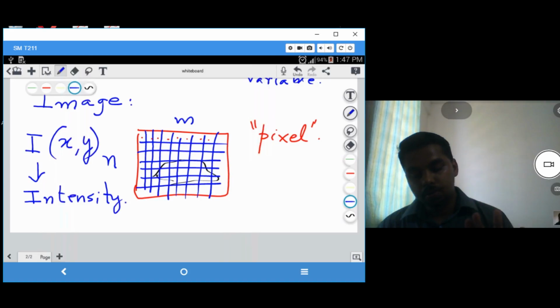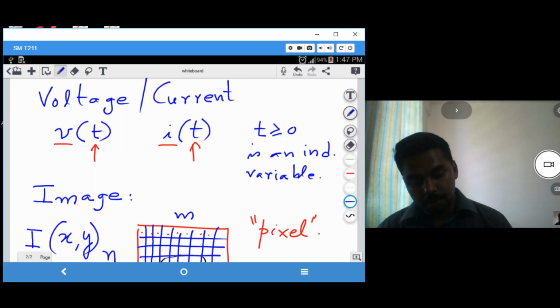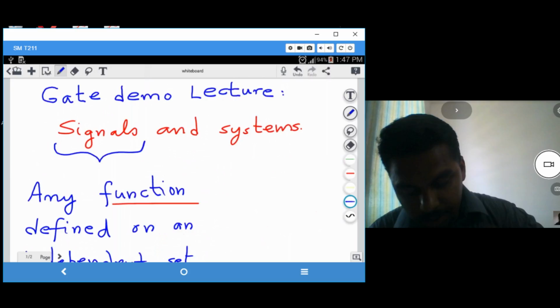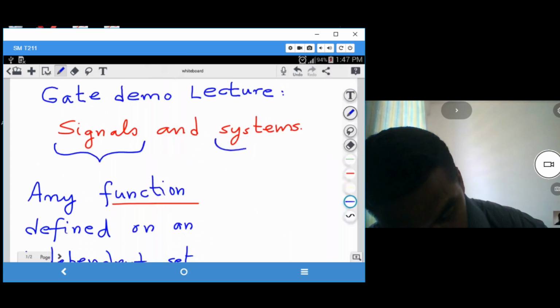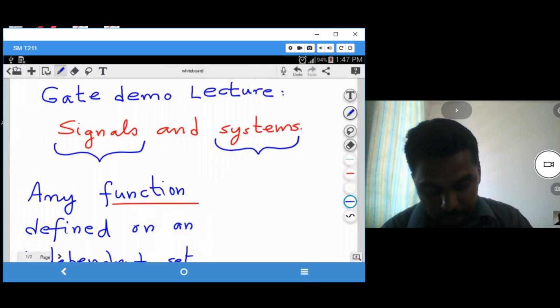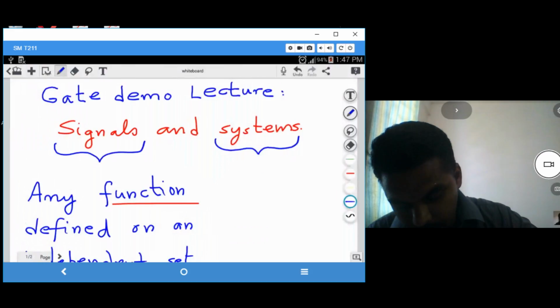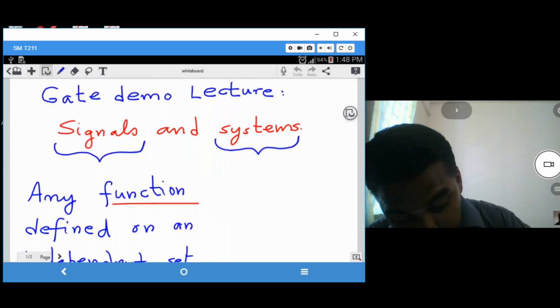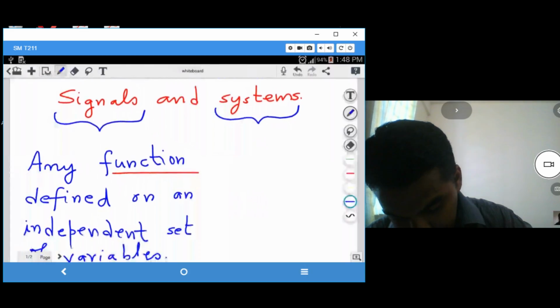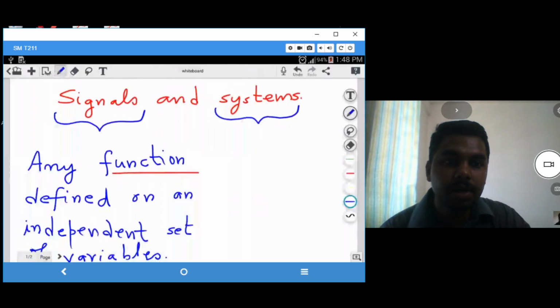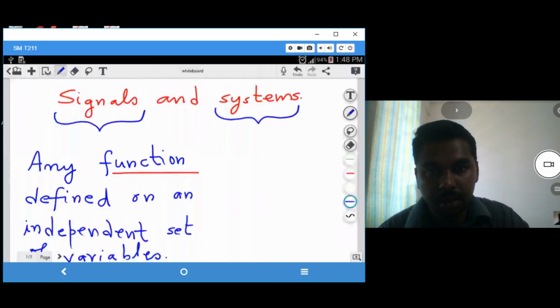So we have understood what is meant by a signal. Let us consider the second term in our topic, which is system. A system can be defined as an entity, or a block. This is the common term that we use in the language of signals and systems. We use system as a block.